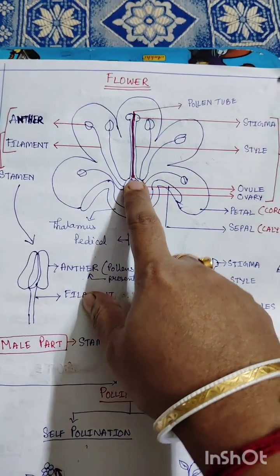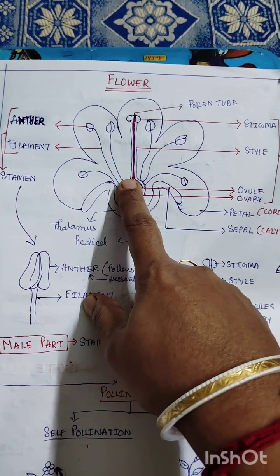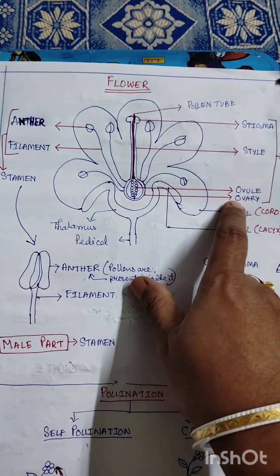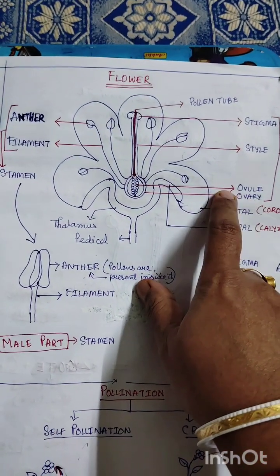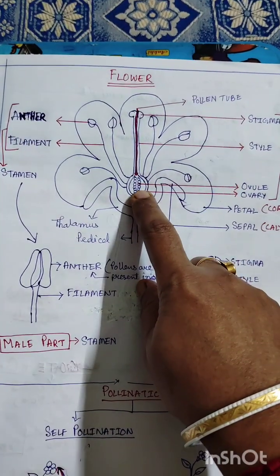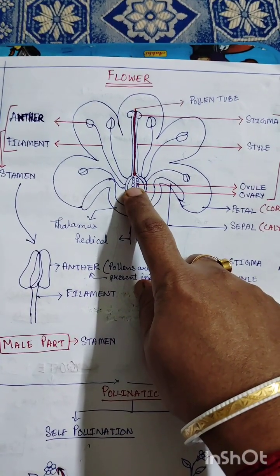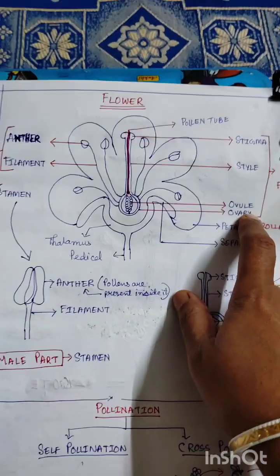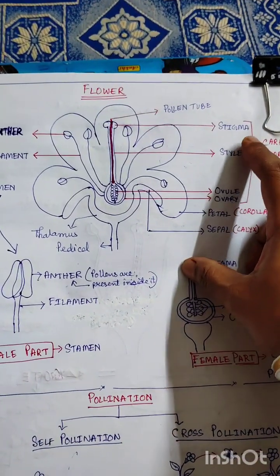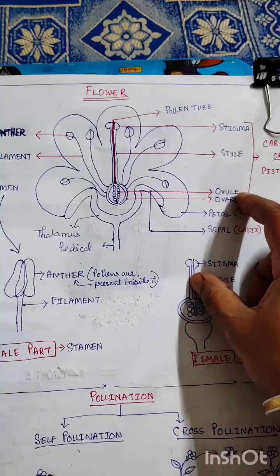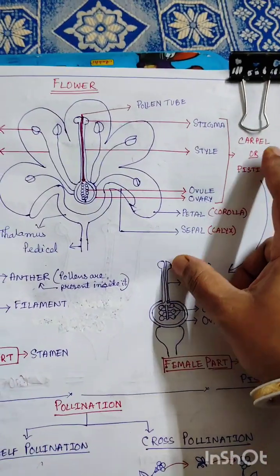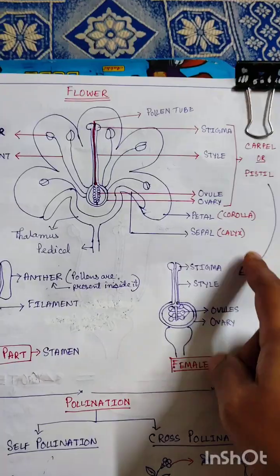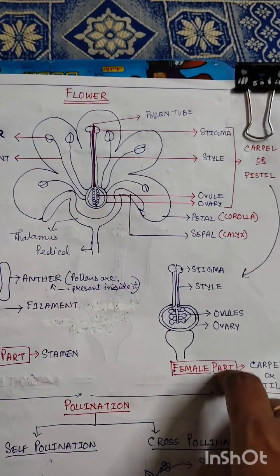Okay, and it ends at the base in a round structure which is known as the ovary. And inside the ovary there are small round structures which are called ovules, and together these structures, stigma, style, ovule and ovary, are known as carpel or pistil, and this is the female part of the flower.